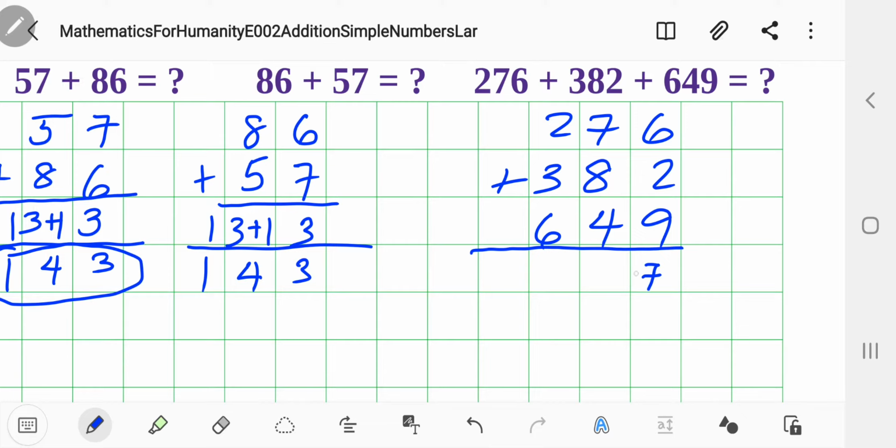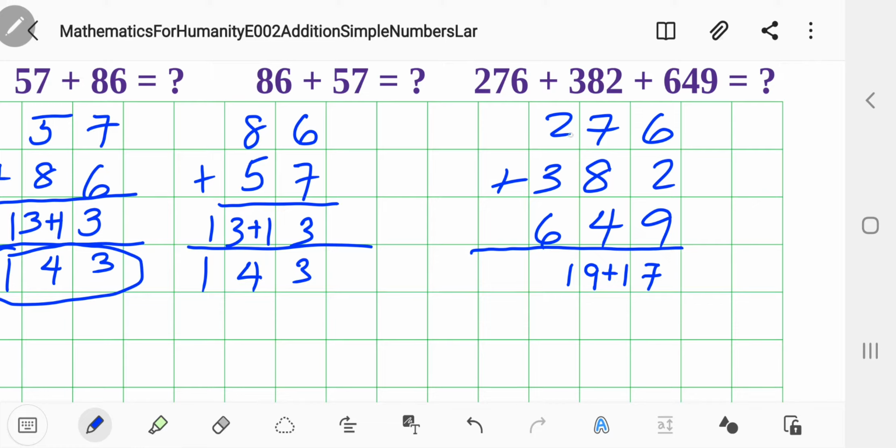So you write the 7 here and write the 1 here. Now, 7 plus 8 is 15, plus 4 is 19. So you write 9 here and 1 here, and then you put a plus sign there.